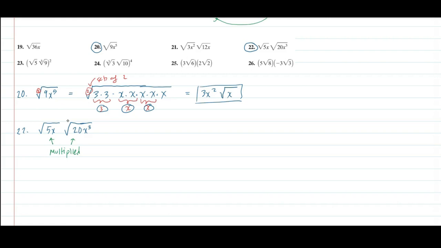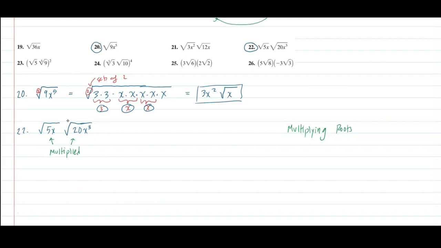Now, if you do not know the rules for multiplying roots, a lot of people do forget them. So let's do a small little lesson on multiplying roots. What do you do when you need to multiply roots?